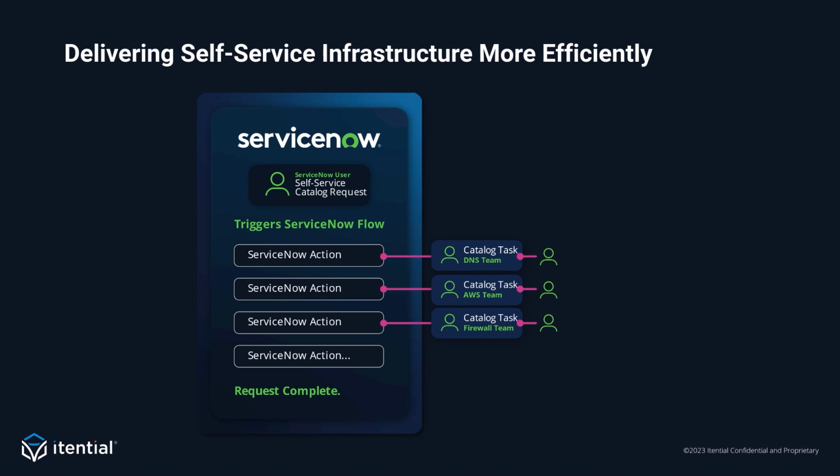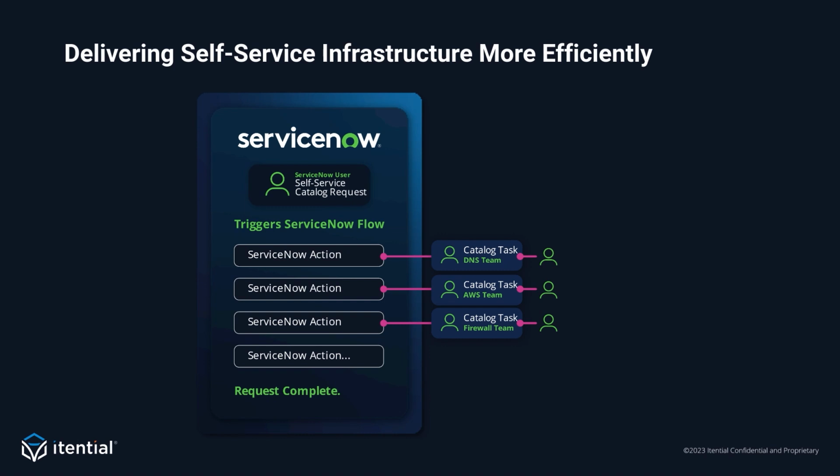Before we bring in Itential, this is how teams were managing these requests. You would have a ServiceNow catalog, which allows users to request these structured IT services, and typically an engineer would go in and fill out a form that would trigger a workflow. Once the request is submitted, ServiceNow automatically generates three distinct tasks, each assigned to the appropriate team.